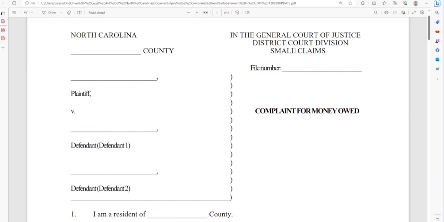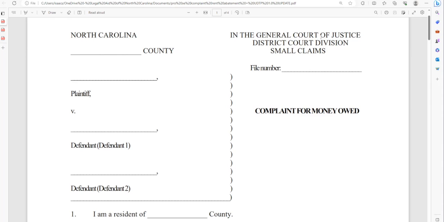And then in the upper right-hand part too, you'll see it says District Court Division Small Claims. Small Claims Court is a part of the district court system that handles cases that go up to a certain amount. In some counties, the maximum amount you can sue for in small claims is $5,000, and in other counties the maximum amount is $10,000.